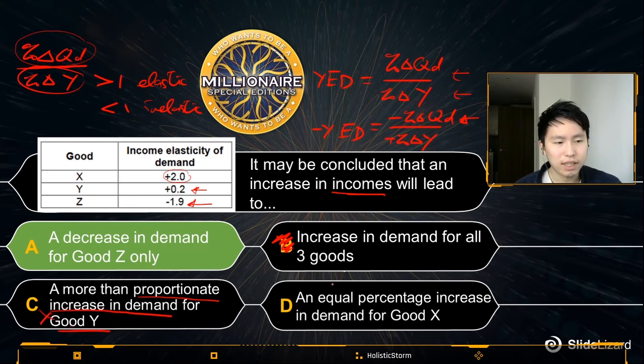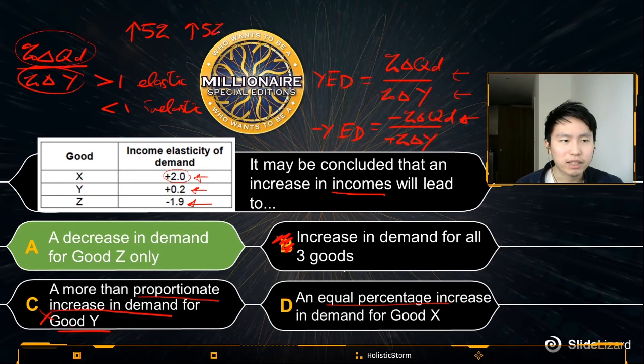And then for D, an equal percentage increase in demand for good X. Again, that's not right, because all of the numbers are different. So it won't be an equal percentage increase in demand for good X. If they mean an equal percentage increase, it means that if your incomes increase by 5%, then you buy 5% more of it.